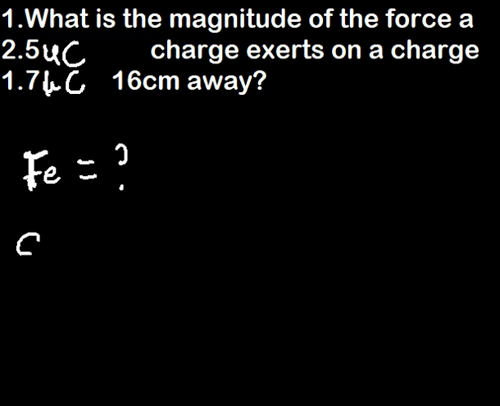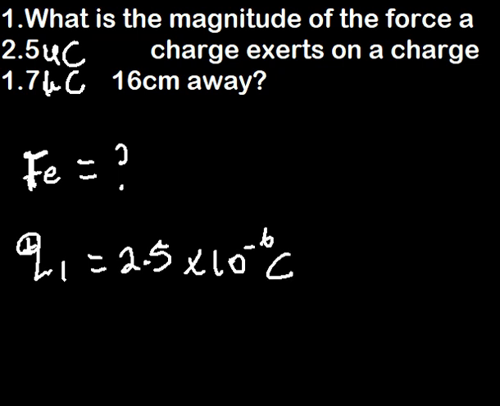We have charge 1, a positive charge, given as 2.5 micro coulomb, that is times 10 to the power negative 6 coulomb. And charge 2 is given as 1.7 micro coulomb, also a positive charge, 10 to the power negative 6 coulomb.